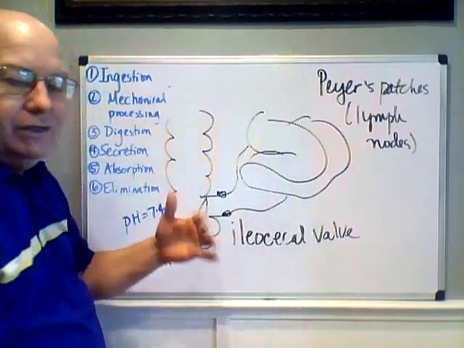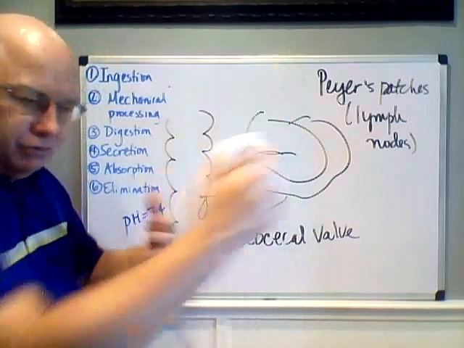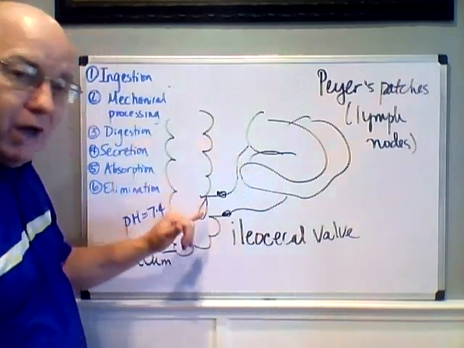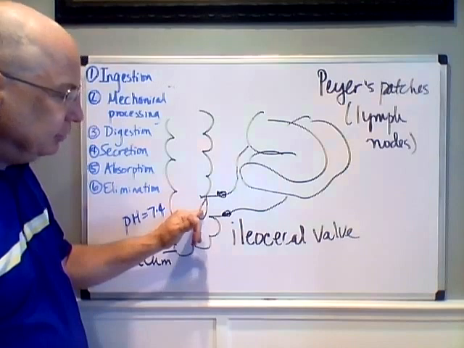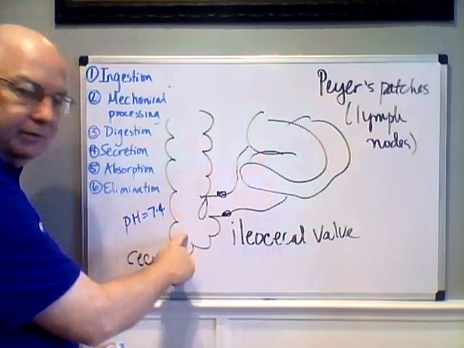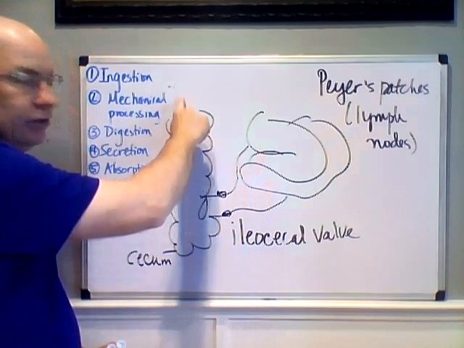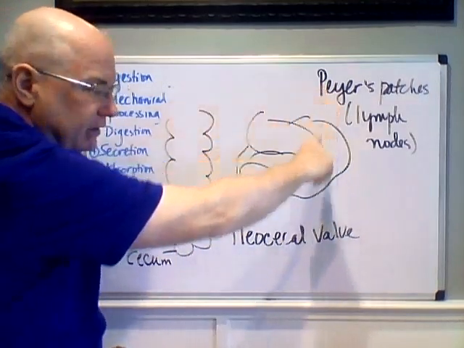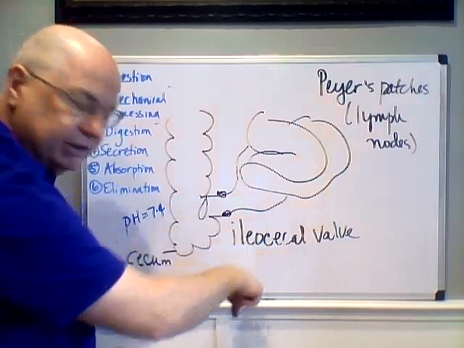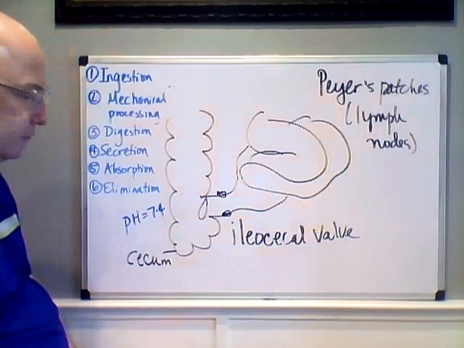This is why there's so much small intestine, so that we can take in all this nutrition. When it's ready, the ileocecal valve will relax, and then the digestive contents will fall into the cecum and then move up the ascending colon, across the transverse colon, down the descending colon, through the sigmoid colon, the S-shaped region, and then into the rectum.